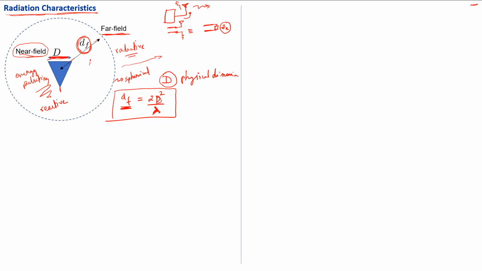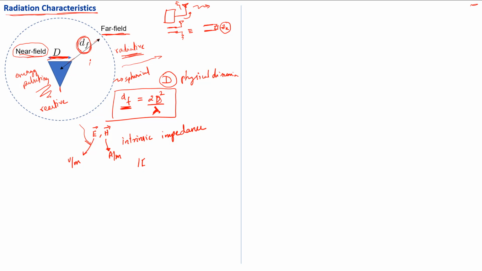What is interesting in the far field is that the electric and the magnetic fields are related by the so-called intrinsic impedance of free space, or air, or the medium that we are having here. What do we mean by that? We know that the electric field is in volts per meter and the magnetic field is in amperes per meter.